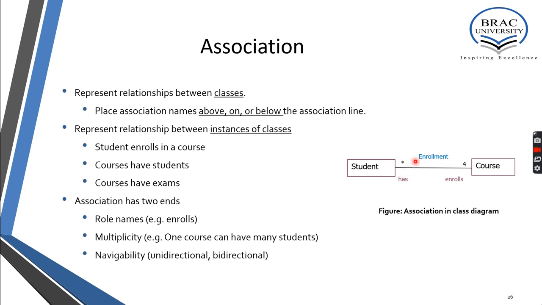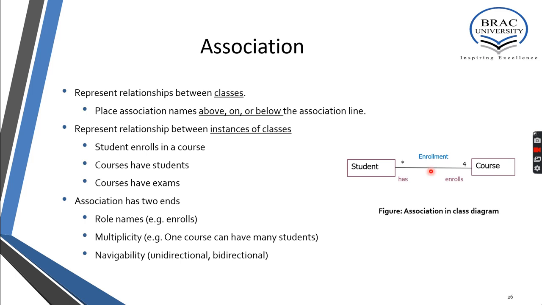You may note that this relationship name is not a mandatory field; you may put it or not. Then how they are related can also be presented here. For example, a student has 4 courses, so the student is connected with the course by the relation has, and the course has a relation with the student, enrolls: a course enrolls many students.